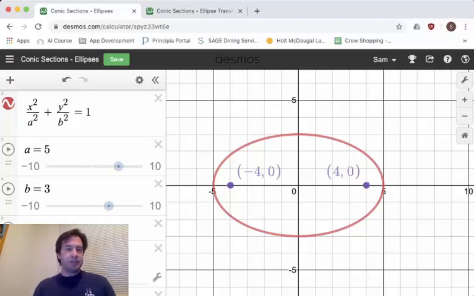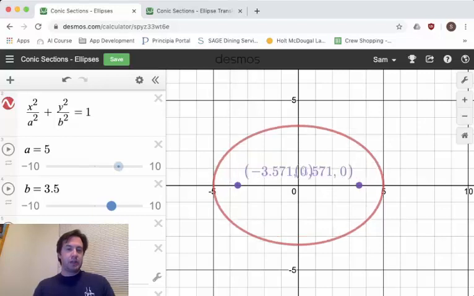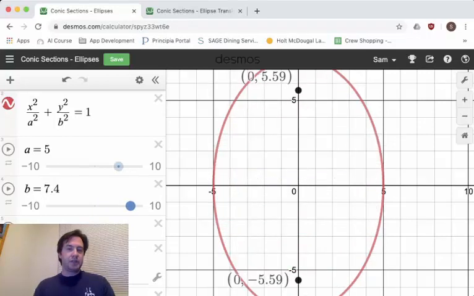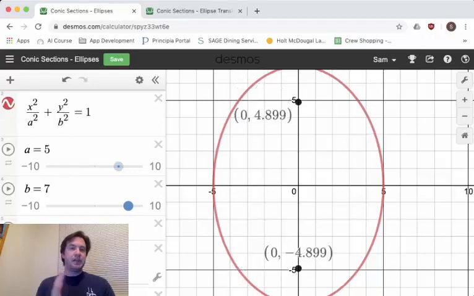If I adjust the values so I make b larger, we now see that the major axis becomes vertical, the minor axis becomes horizontal, and our foci are always going to be on the major axis. So now our foci are on the y-axis here because b, the number underneath y, is larger than a.